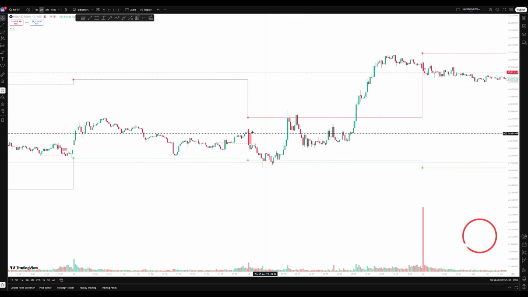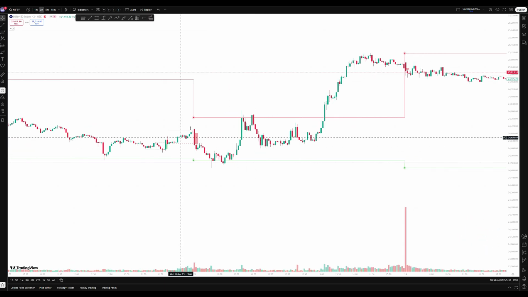So what I am trying to do is, whenever you get these kind of big candles, your high and low becomes your major resistance and support.